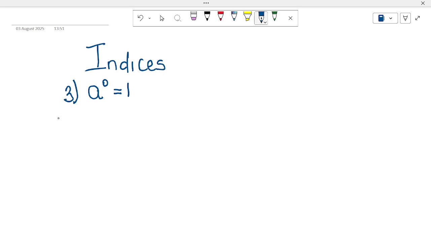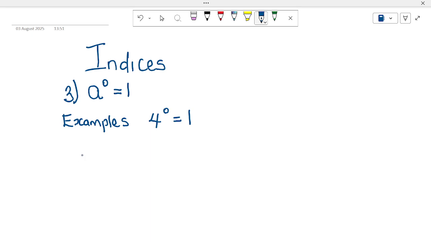Let's take some examples. Four raised to power 0 is, did you say 1? Correct.